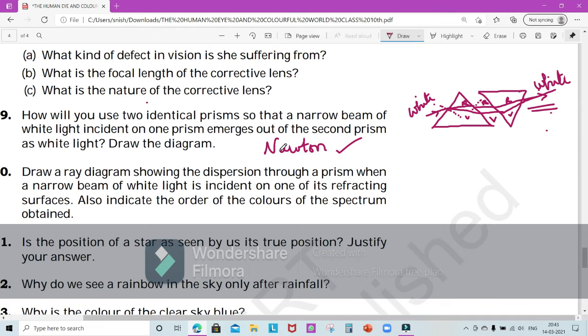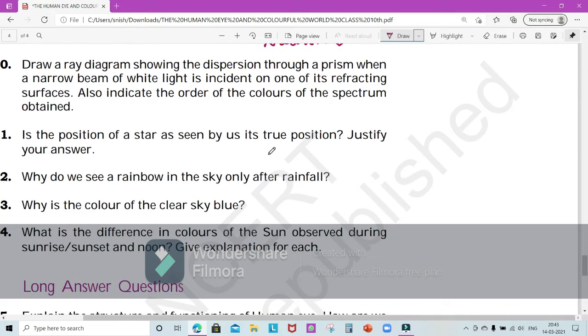Okay, next. Draw a ray diagram showing the dispersion through a prism when a narrow beam of white light is incident on one of its refracting surfaces. Also indicate the order of the colors of the spectrum obtained. So we just did it now, but let's do it again, no issues. This is our prism.